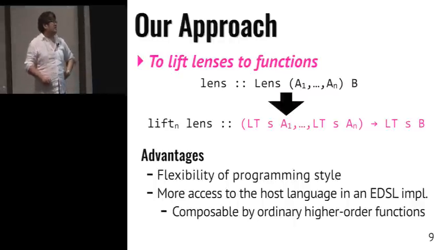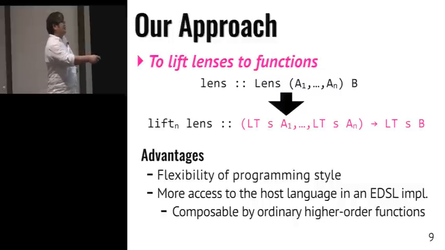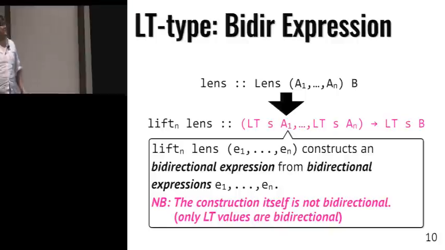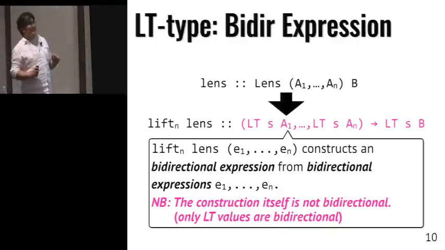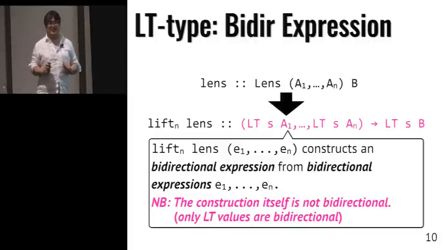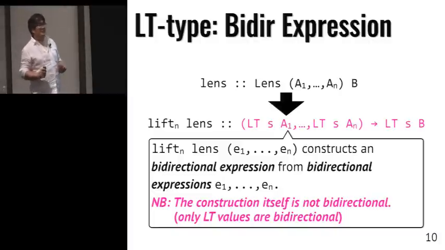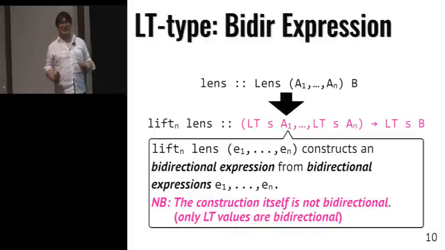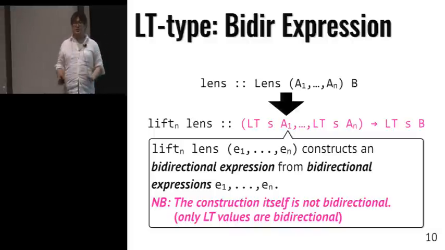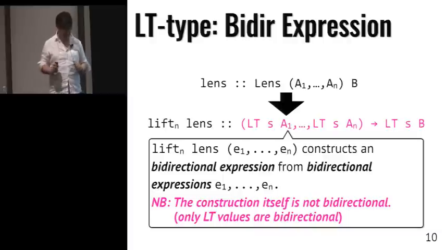Then I will explain the intuition about this LT type. Very roughly speaking, this LT type represents bidirectional expressions. In a sense, the lifted function takes bidirectional expressions to construct a bidirectional expression.